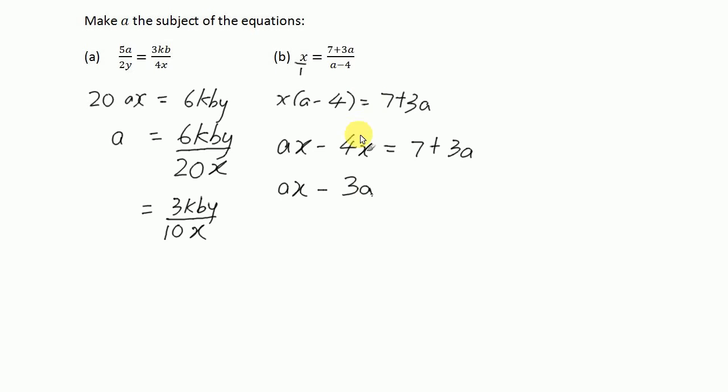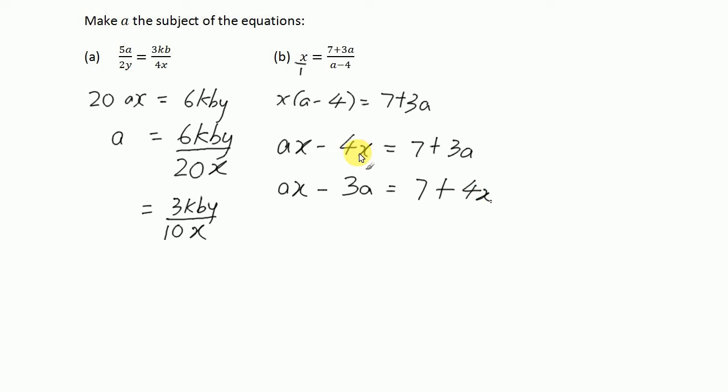Similarly, negative 4x on the left side, we can add 4x to both sides to cancel out the negative 4x. Or you can see this as bringing the negative 4x to the right. Since it's negative here, when you bring it to the right, it becomes positive. So we have 7 plus 4x.